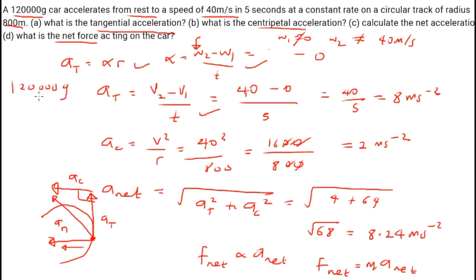120,000 gram is the same thing as 120 kilo because these 3 zeros represent kilo. Kilo means 1000. So I'll have 120 kilogram.